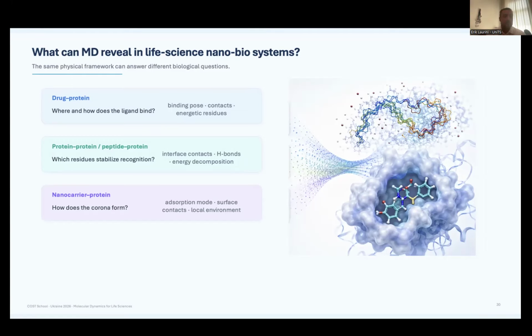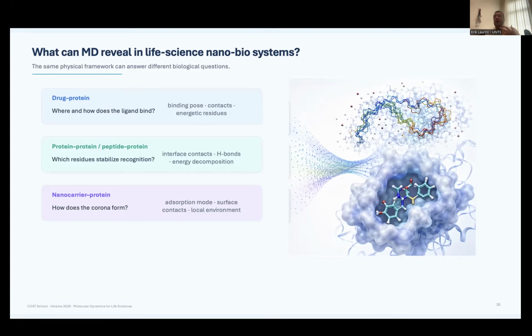In the first one, we have to answer where and how the ligand binds, which is the position of the ligand inside the protein. In the second one, which is a protein-protein system, which will be the residues that must stabilize the recognition between two proteins.